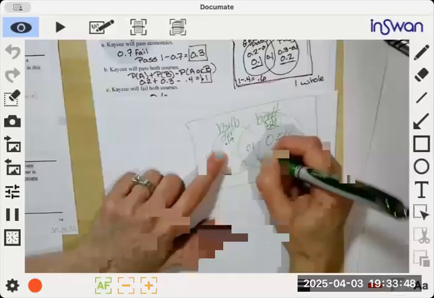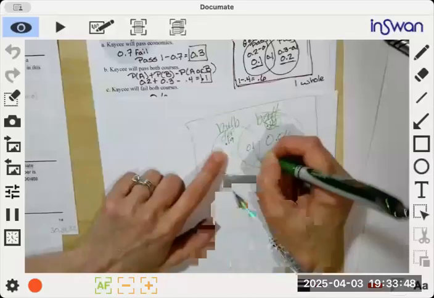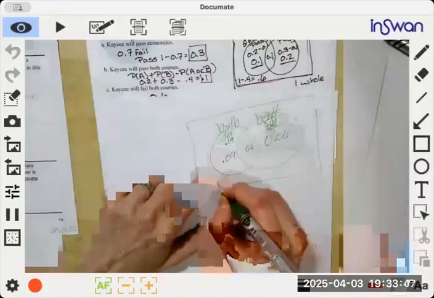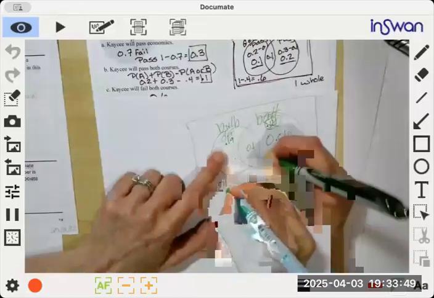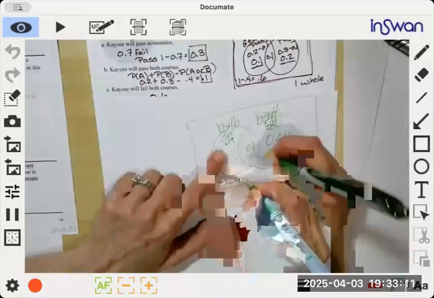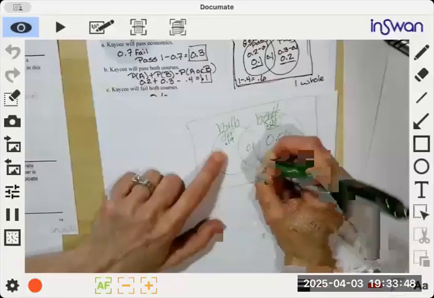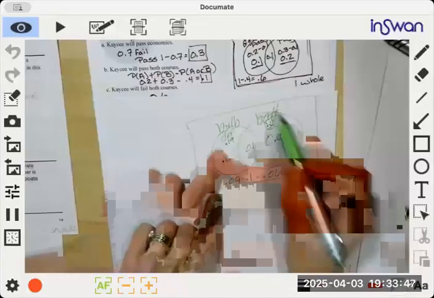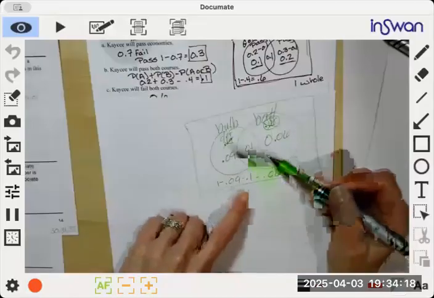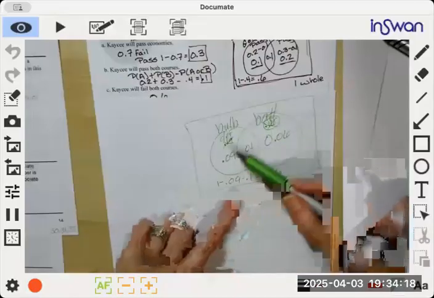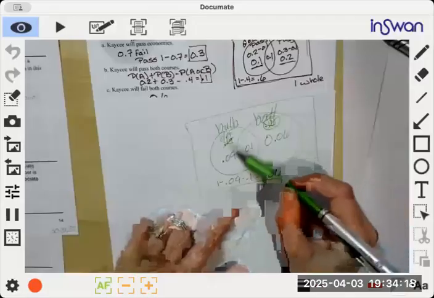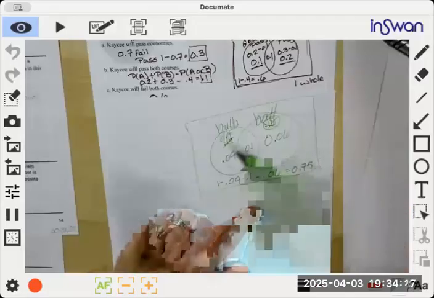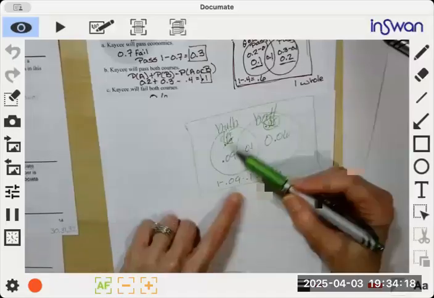No, makes sense. Okay, so then the outside, this would be 1 minus 0.09 minus 0.1 minus 0.06. So the whole thing is 1 minus the 0.09, 0.1, 0.06. And that is 0.75.